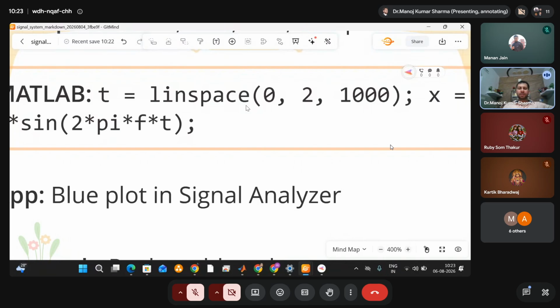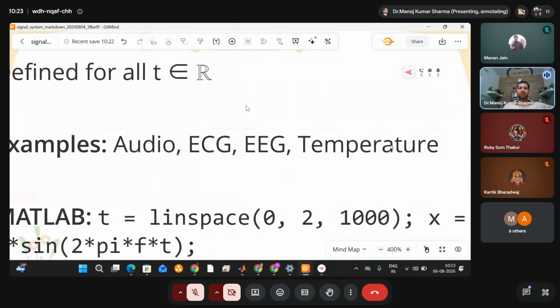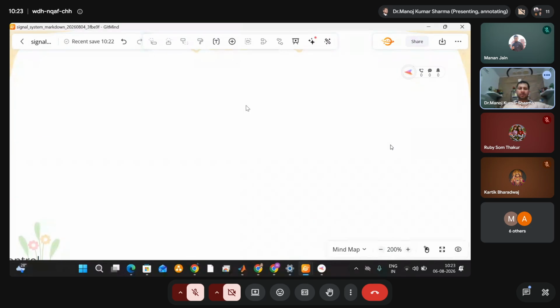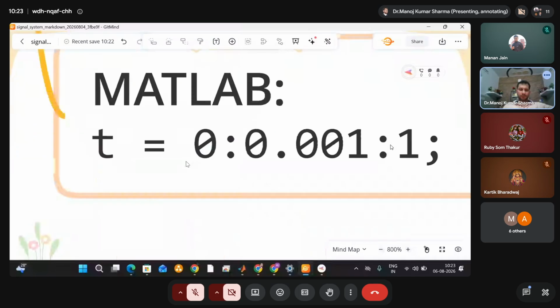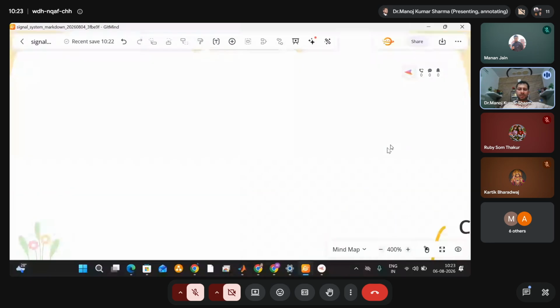This generates the same kind of thing as we did earlier, where we stated starting from 0, ending with 1, and the time step is 0.001. Instead of writing it that way, we can use the linspace function.